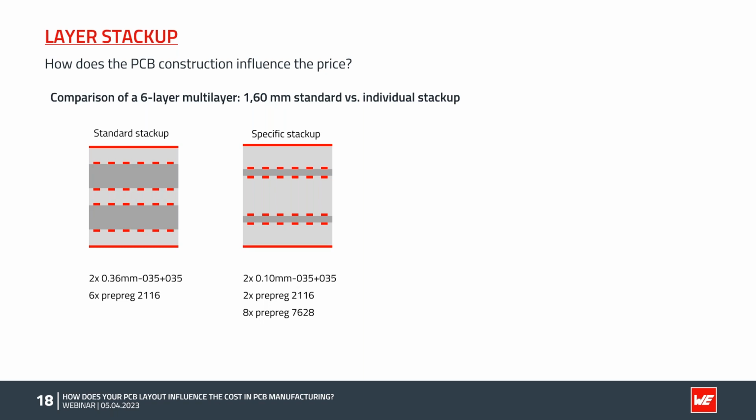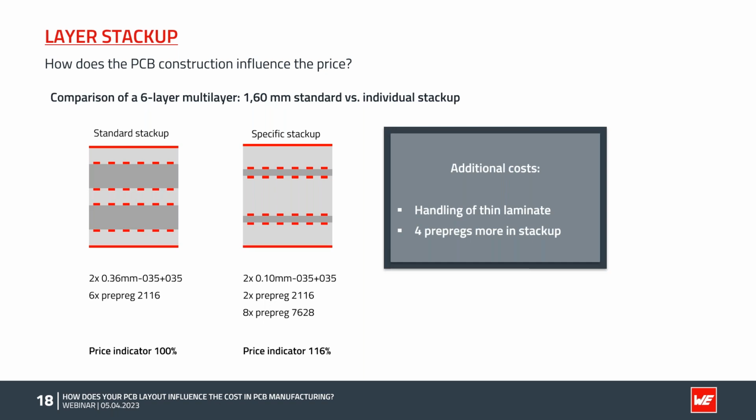That's okay, we can do this, but yeah, keep in mind to change this, and you already see this, we have additional cost because we have this handling of the thin laminate. It's not so stable in our manufacturing than the 0.36 millimeter. Plus, there are 4 more prepregs in the stackup. So this is again more handling during the actual stackup when we go to the multi-layer process, but it's just more material, more price to pay for these prepregs. So the price goes up.